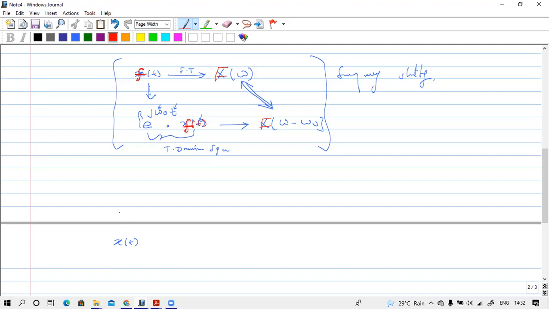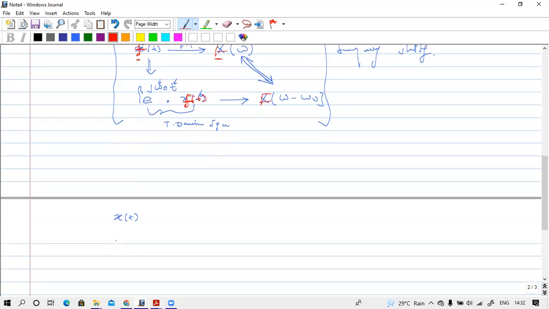Sometimes you will get confused between x(t) and x(t), that is why I changed the letter from x to f. Not a big change, I just changed the letter of the function.